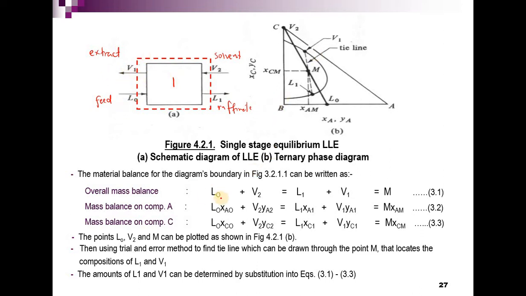In terms of the mass balance, let me draw for you: this is the feed L node, this is the raffinate L1, this is the solvent V2, and this is the extract V1.